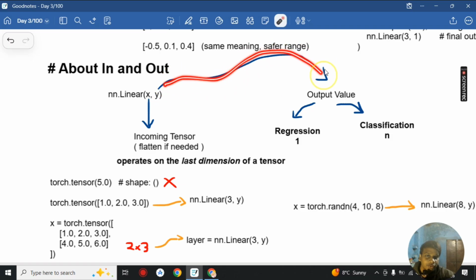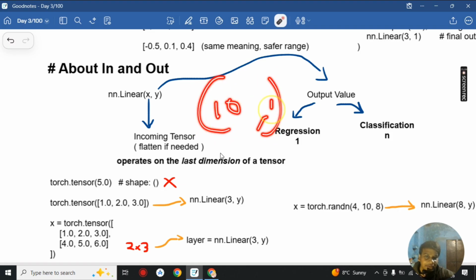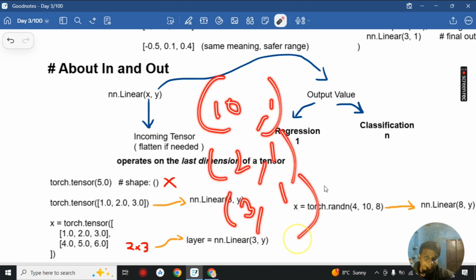Y depends completely on the output value. If it is a regression task, then you will always put the output as 1, like 10 to 1 or 2 to 1, depending on the task.